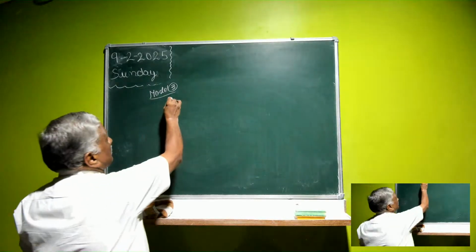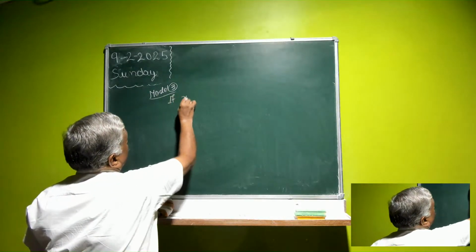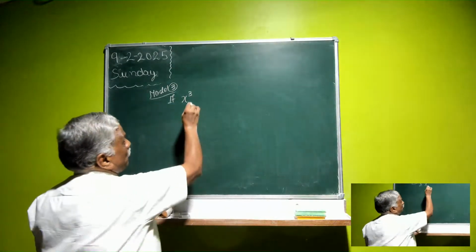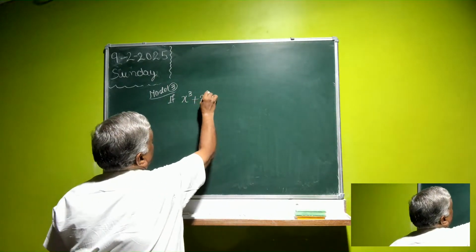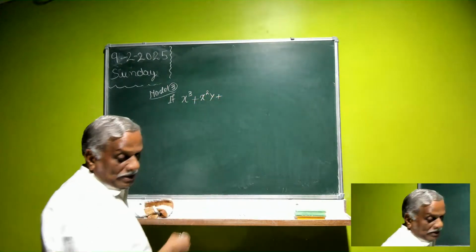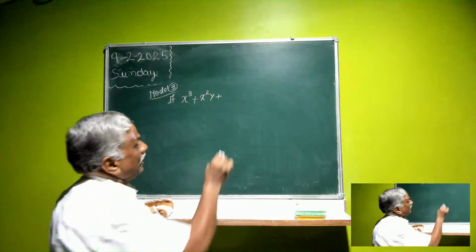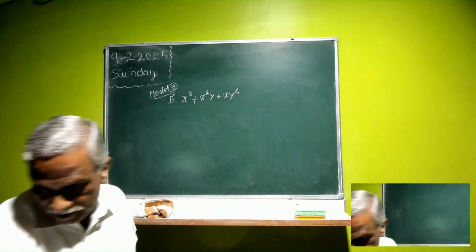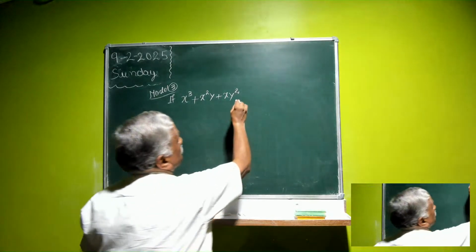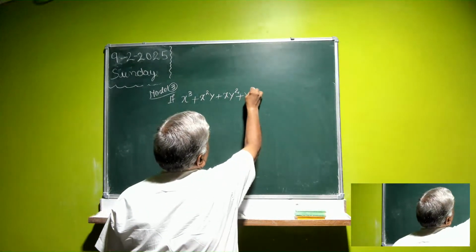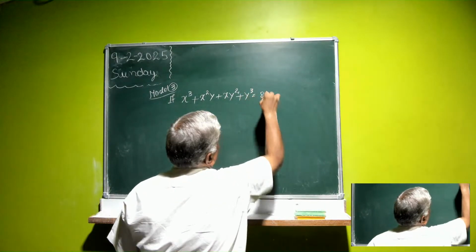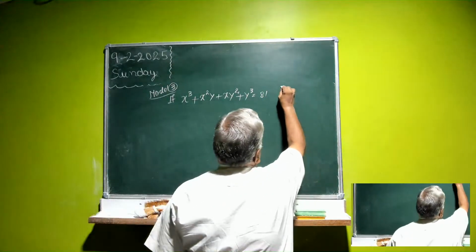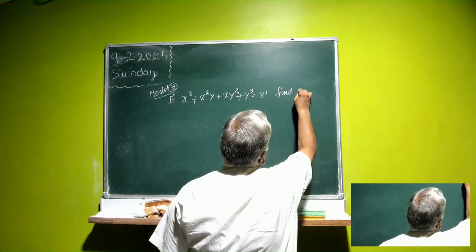If this is the Model 3 paper: if x cube plus x square y plus x y square plus y cube equals 81, find dy by dx.